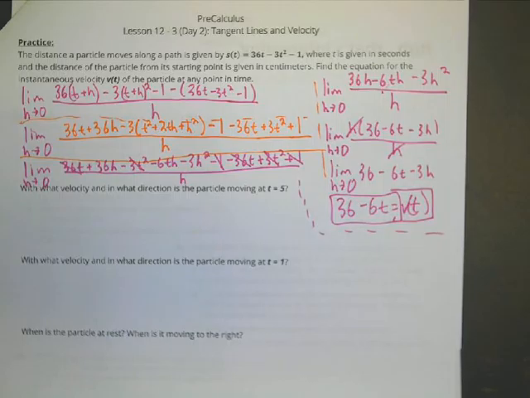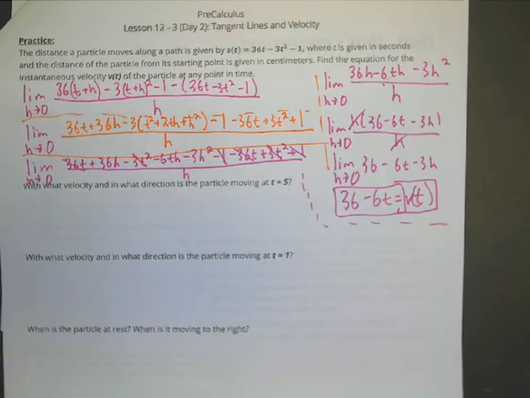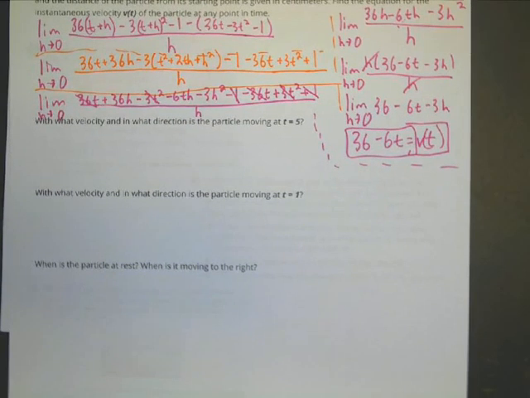And again, notice your velocity is also dependent on your time, right? How fast you're going depends on what point in time you are, because supposedly you're going faster or slower.